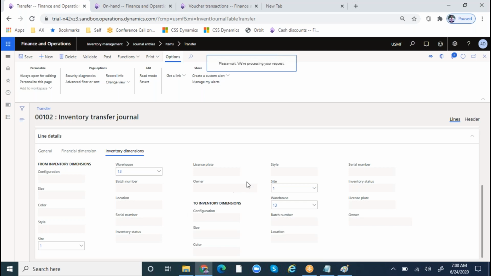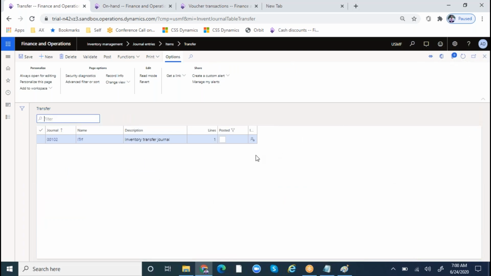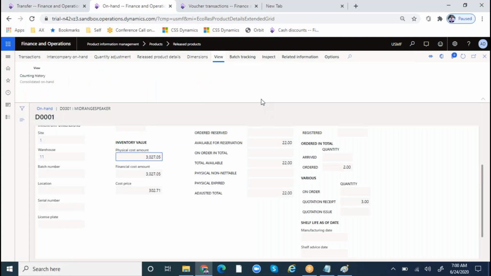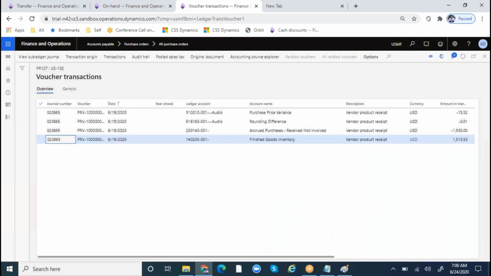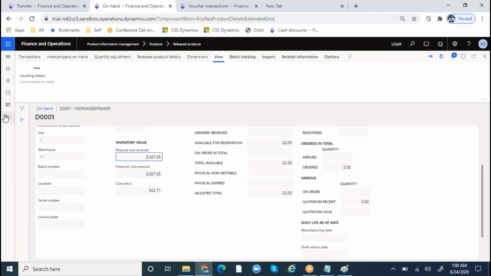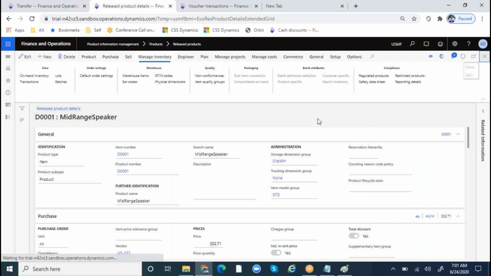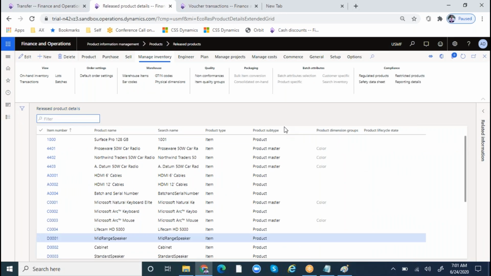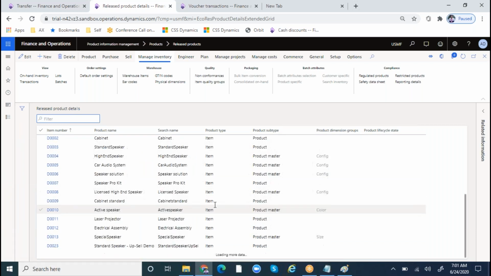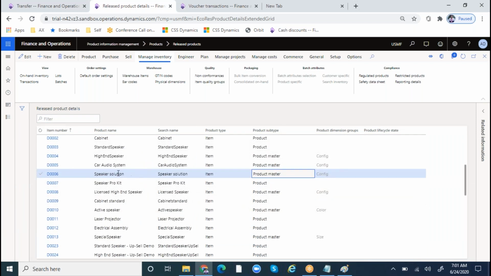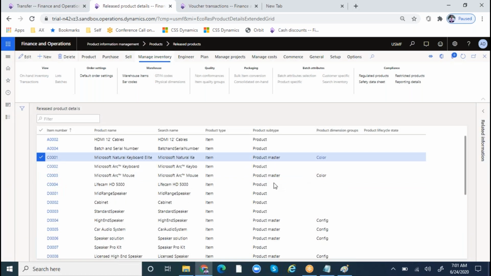Let me take one example of an item that has size. If it is not sufficient, tomorrow I will show you this process once again. Let me verify whether there is an item having categories.